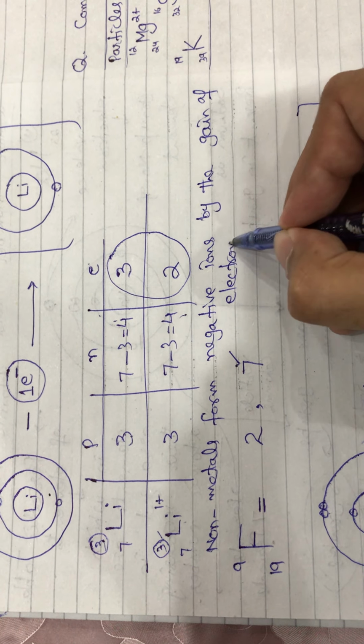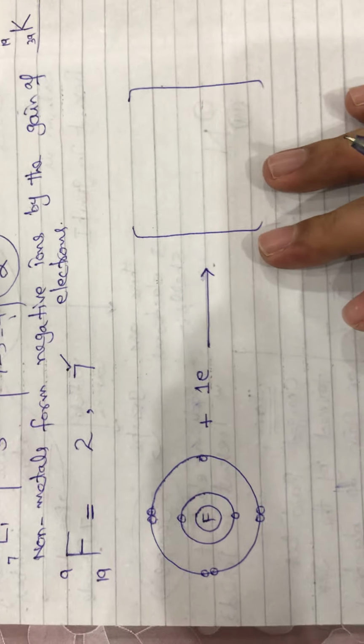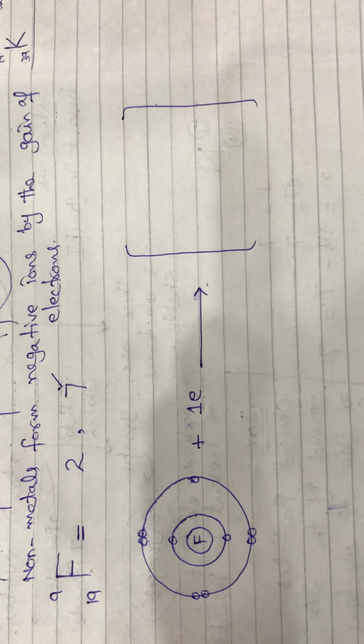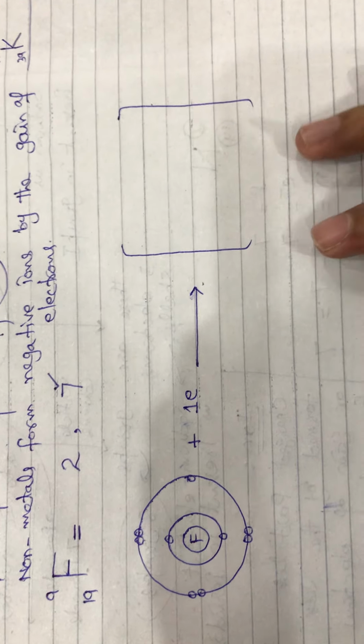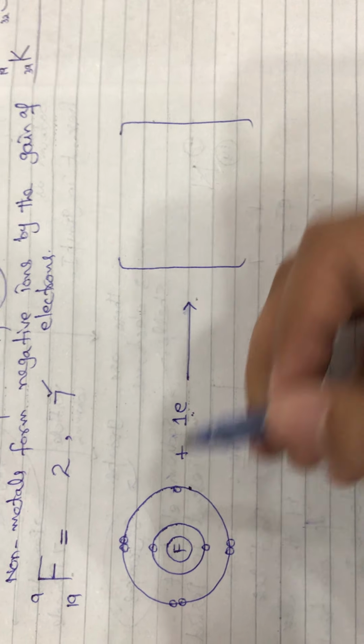They gain electrons in their valence shell to complete their valence shell, meaning to complete their last shell. So how many electrons does it need? One. It will gain one electron.